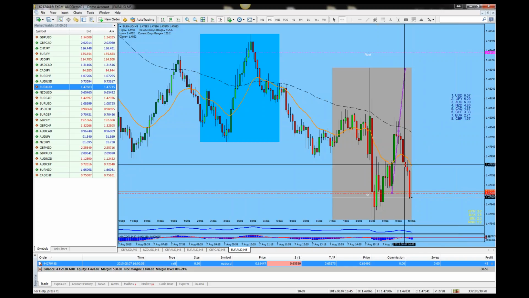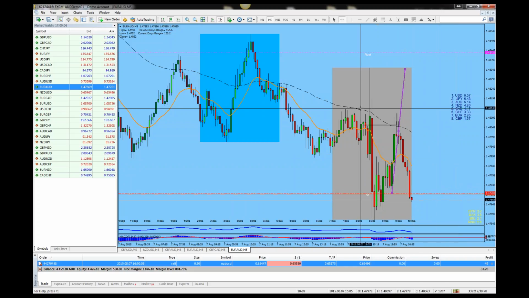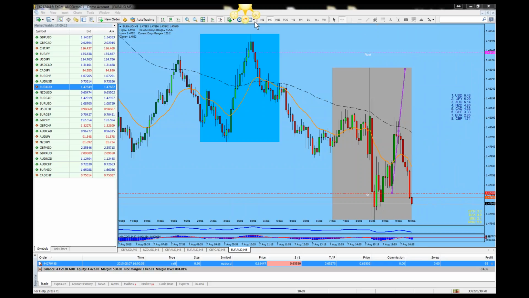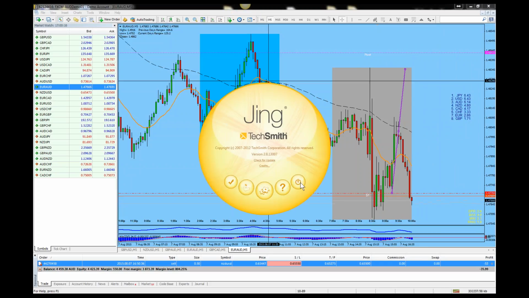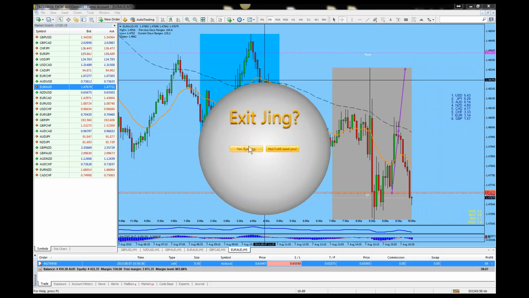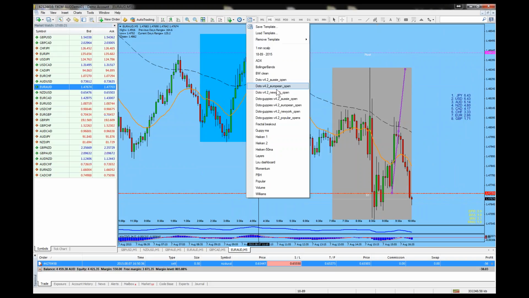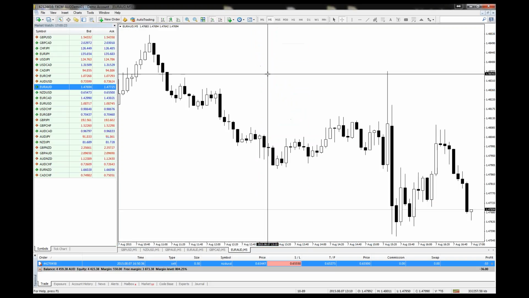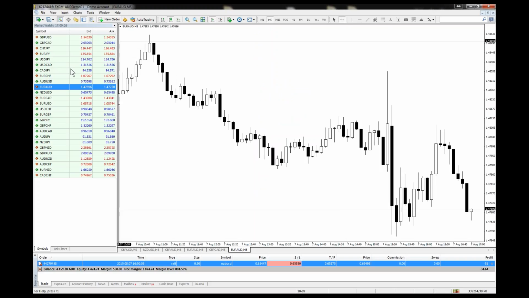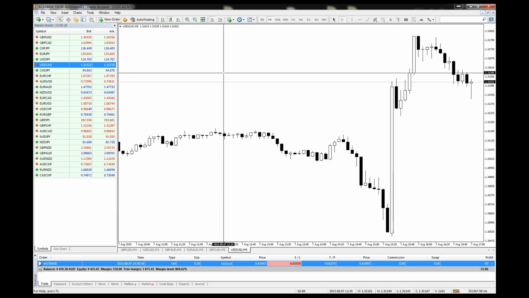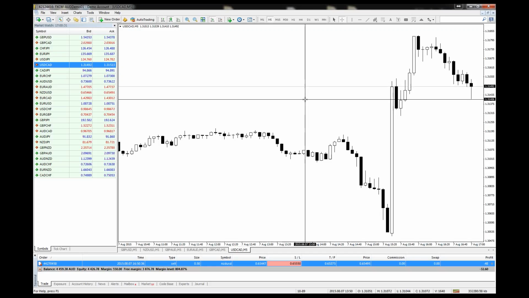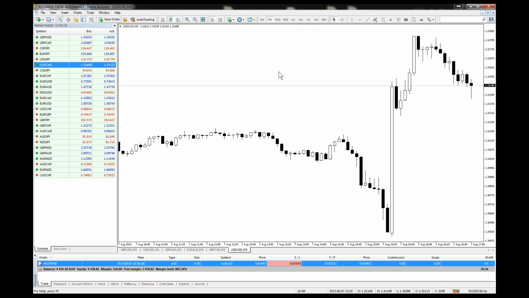Normally, CAD news just popped. Let me go back to the CAD. Came out slightly better than expected, so the dollar should fall a bit.